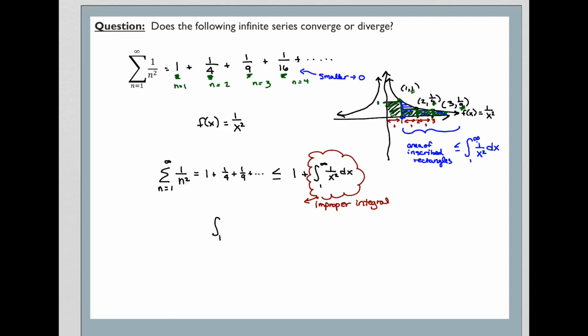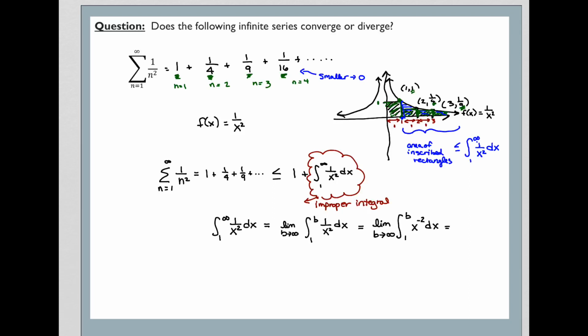The integral from 1 to infinity of 1 over x squared dx is rewritten as the limit as b goes to infinity of the integral from 1 to b of 1 over x squared dx. Let's evaluate this antiderivative here. We take the limit as b goes to infinity of the antiderivative from 1 to b of x to the negative 2 dx.